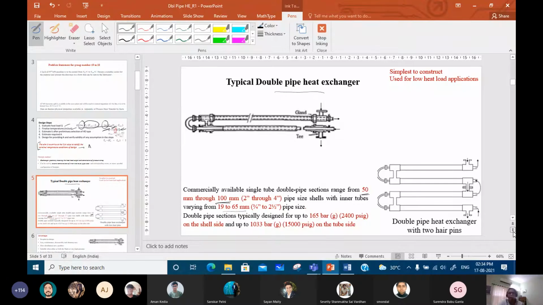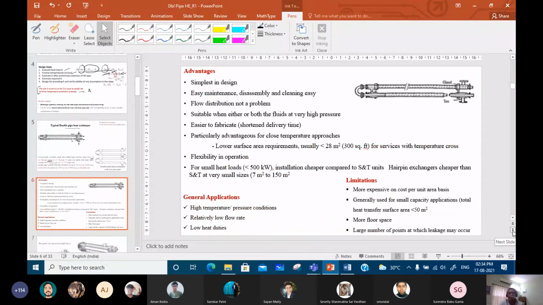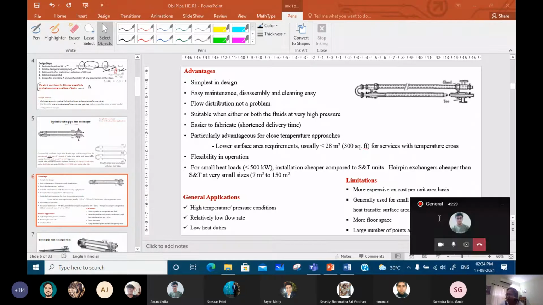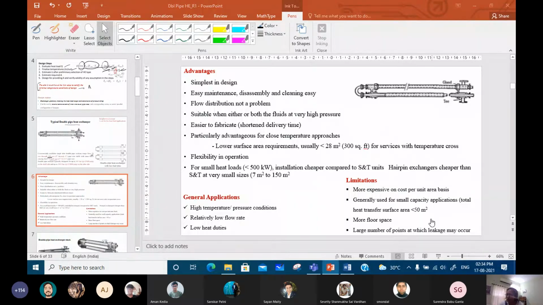The primary reason is that the design will be simple, so I can rely on the designer. The other thing is, when I'll be designing a heat exchanger and then using it for a purpose, then definitely if the maintenance is easy, then the assembling, disassembling, cleaning, everything is easy, it is going to be desirable for me.